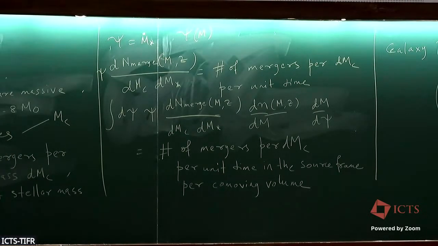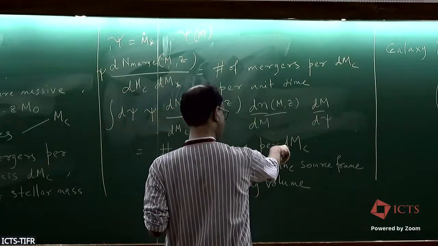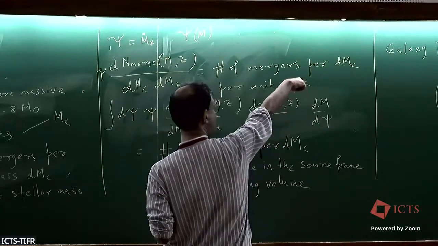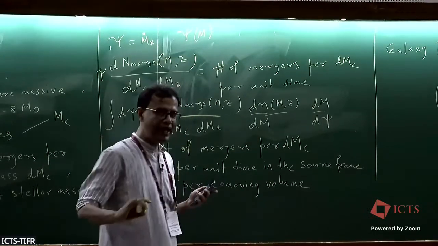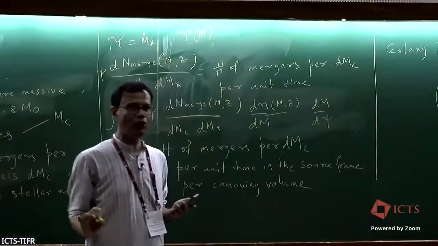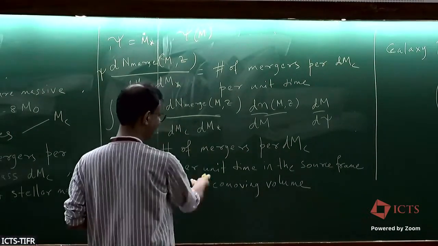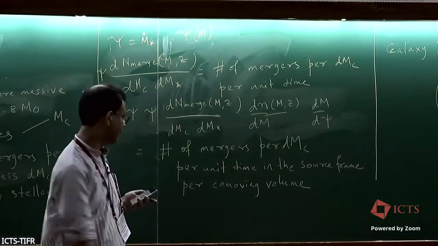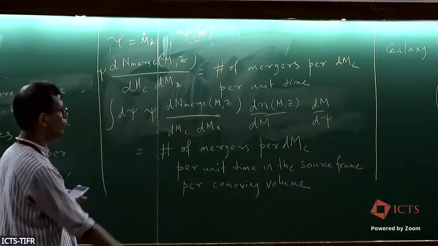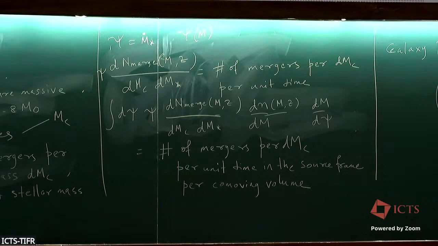So that was mergers per dMc per unit time, but this is also mergers per dMc per unit time. That was for one halo, but this I have now multiplied by all halos within that mass range. Now this has become the number of mergers per chirp mass range per unit time, but remember, in the source frame, meaning where this is happening, per co-moving volume. The co-moving volume has come because of this dn/dm.